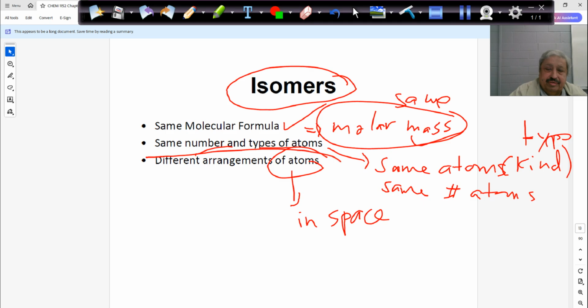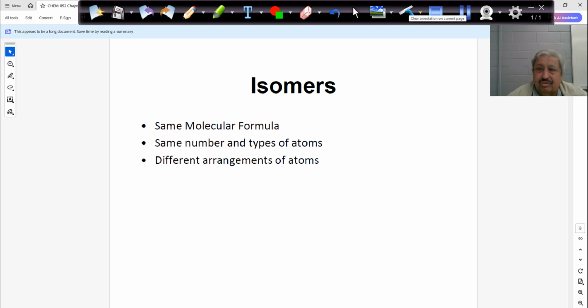The only difference here is their location in space is totally different. They can stick out of the molecule if the molecule is planar, in the plane, or they can go in the back of the molecule, or they can stick out at the top of the molecule or the bottom of the molecule. So I think we covered this one here, and we can look into the different types.